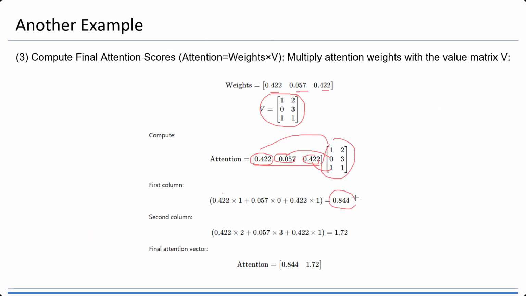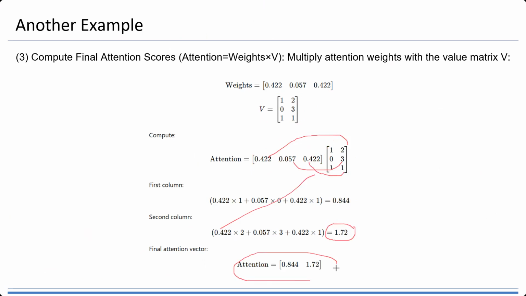So you can get the value 0.844. The second column, you will multiply this one with 2, this one with 3, and this one with 1. So you will get the value 1.7. So the final attention score will be this one.